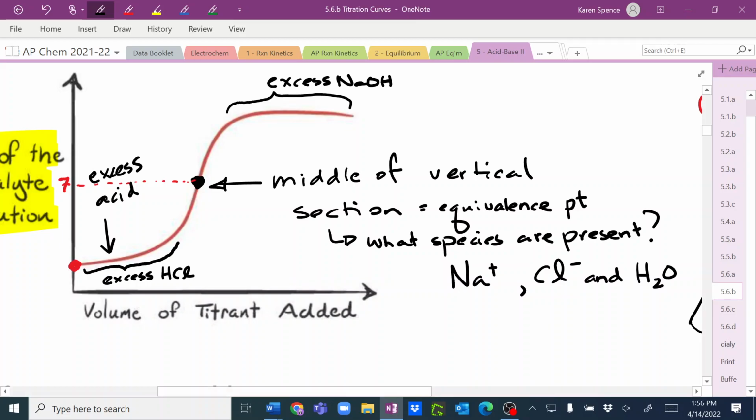What can you say about the Na plus ion in water? It does not hydrolyze. And the Cl minus ion does not hydrolyze.